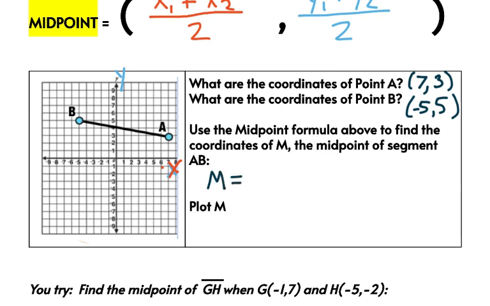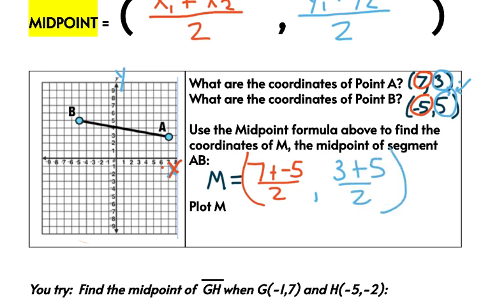M is equal to, we grab our x coordinates, the first ones, we add them up, and we divide by 2. We grab our y coordinates, the second ones, we add them up. You know, we can see that 4 is right in the middle of there, right? So sometimes we can use a little common sense, but all right.